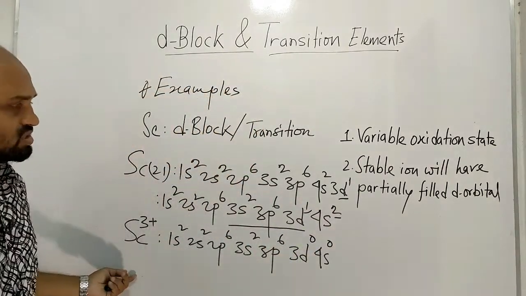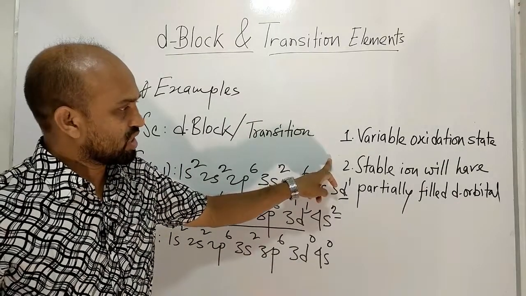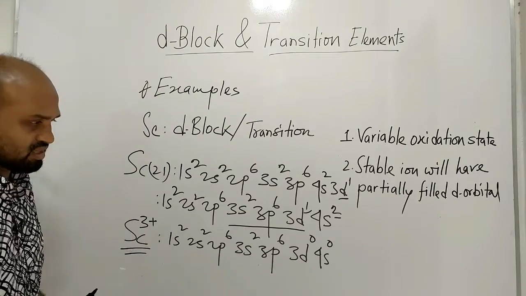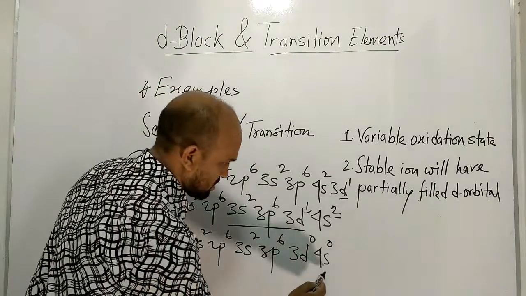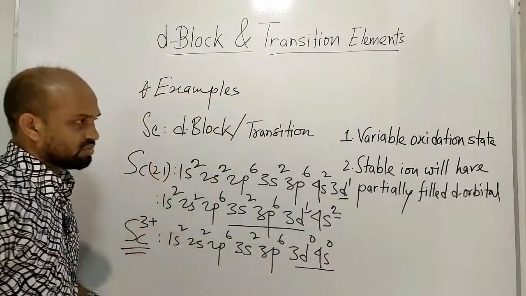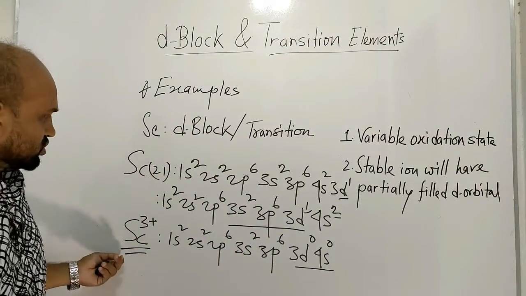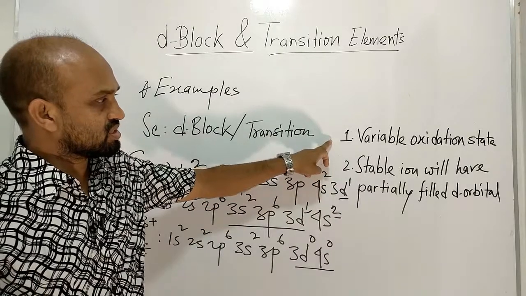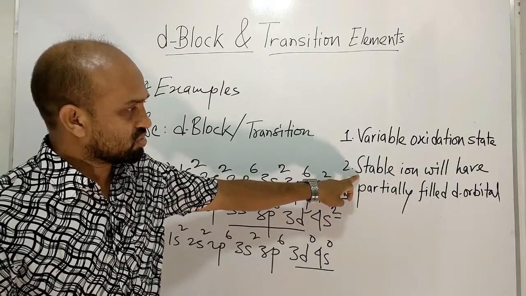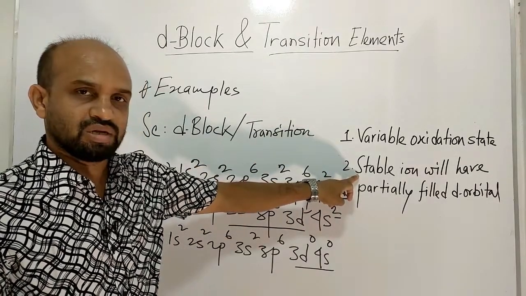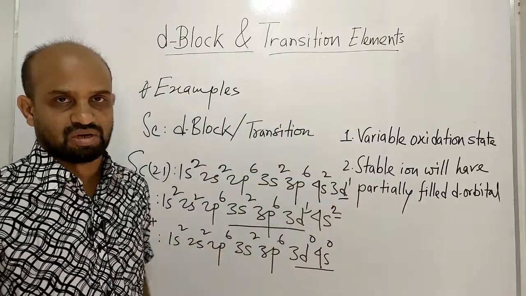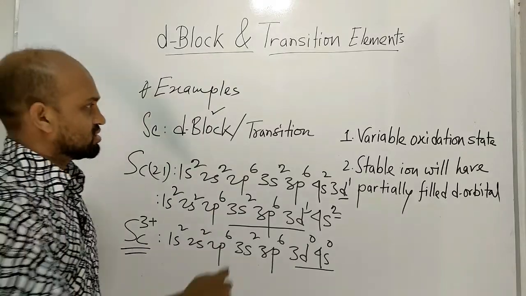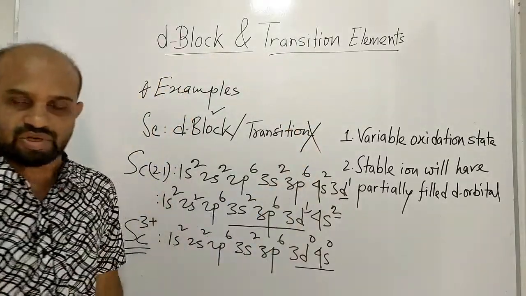Now let's see the second point. A stable ion will have partially filled d orbital. This is the stable ion of scandium and it doesn't contain partially filled d orbital. So scandium doesn't show variable oxidation state and it cannot have a partially filled d orbital. So scandium is a D-block element, but this is not a transition element.